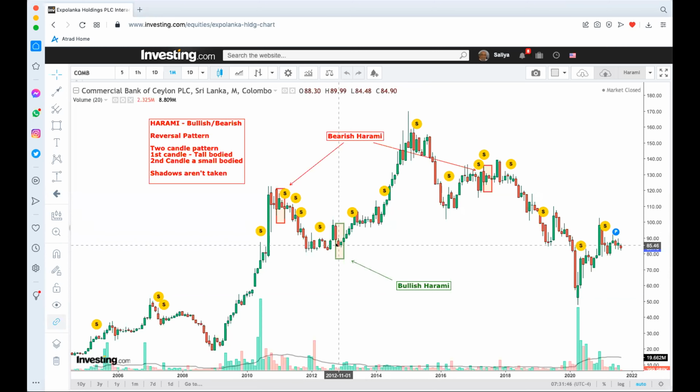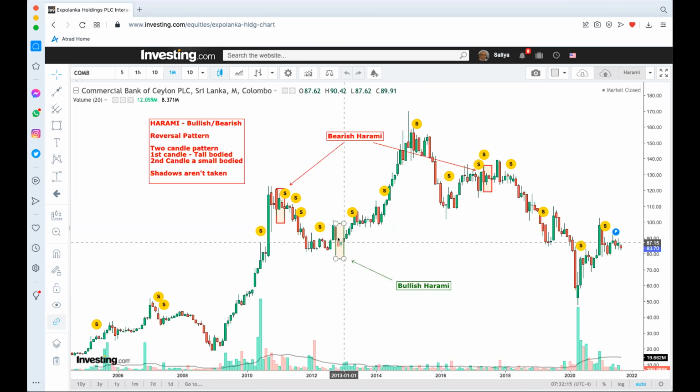At any given moment, an uptrend happens when a resistance is broken. The immediate resistance is the previous day's high. Right now this high is 89.99, let's say 90 rupees. That 90 rupees has to be broken, and that is what happened on the first candle after the pattern.